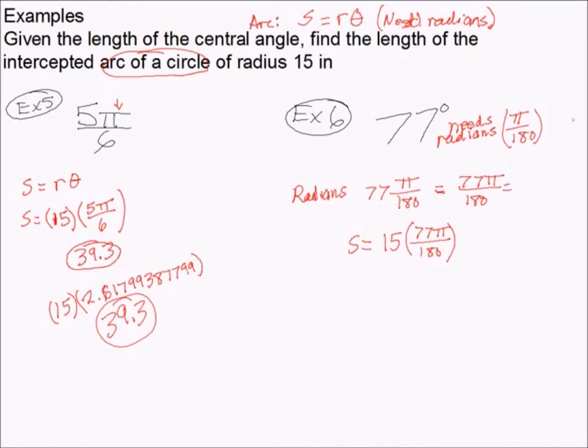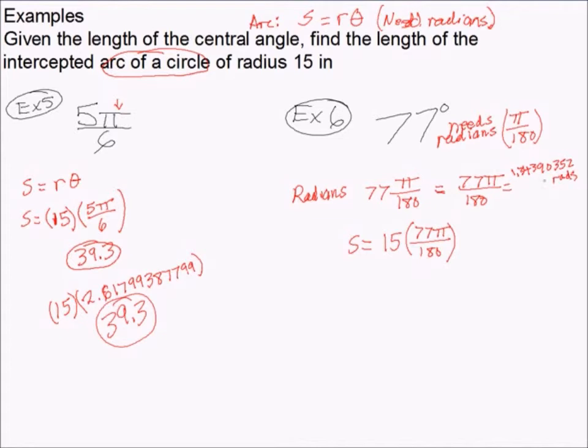Okay, so when we figure out the decimal and we have 77 pi over 180, it's going to be 1.34390352 radians. Okay, I just need enough decimal points here.